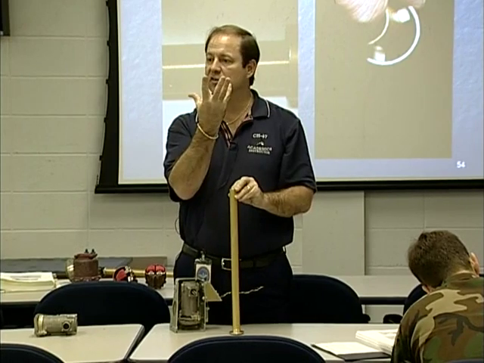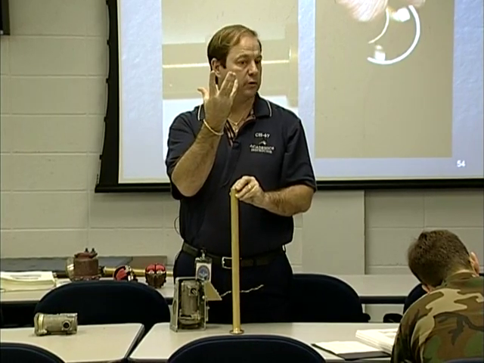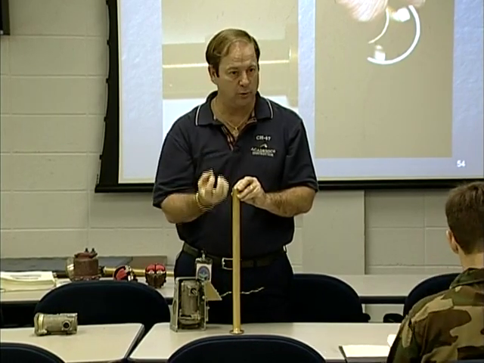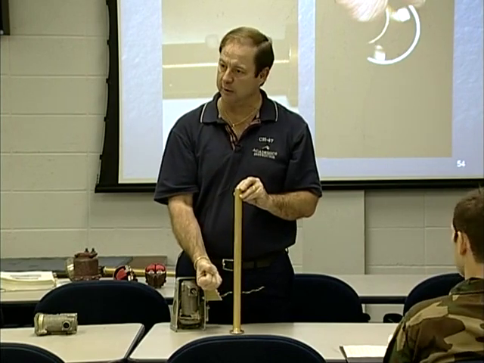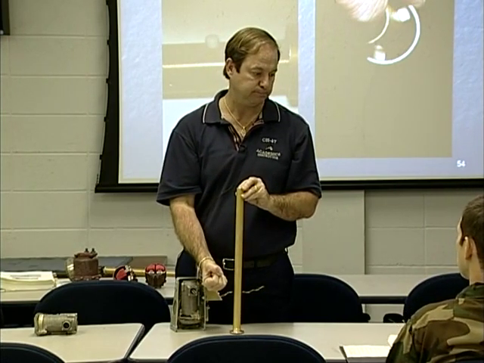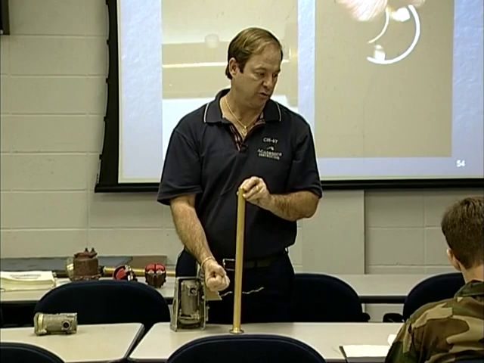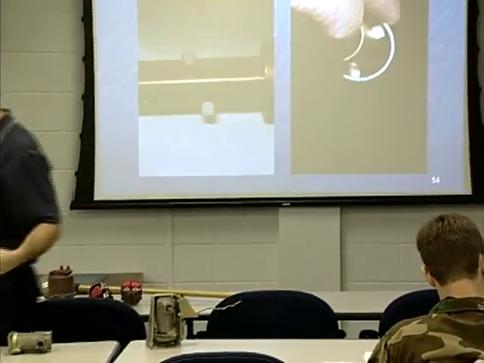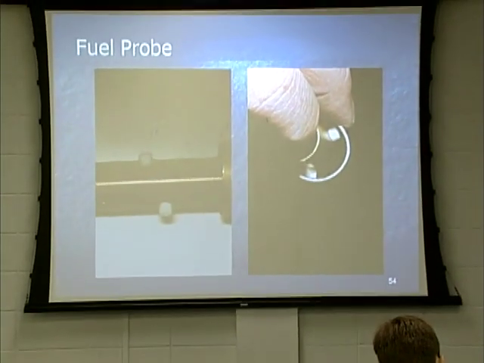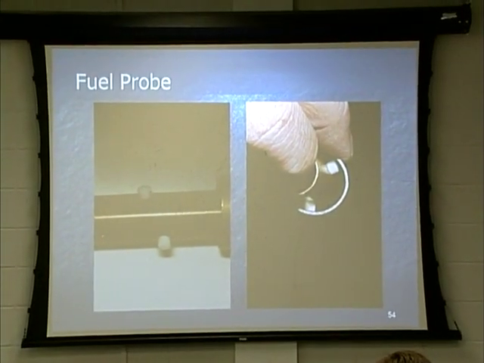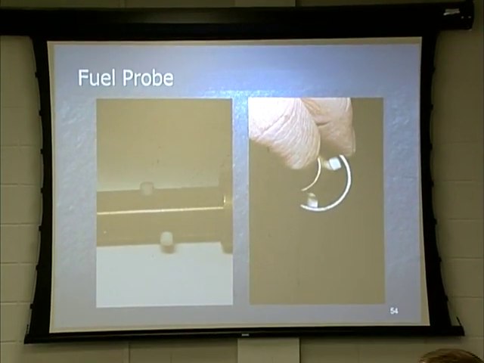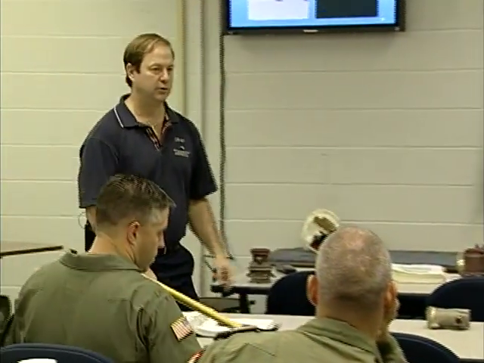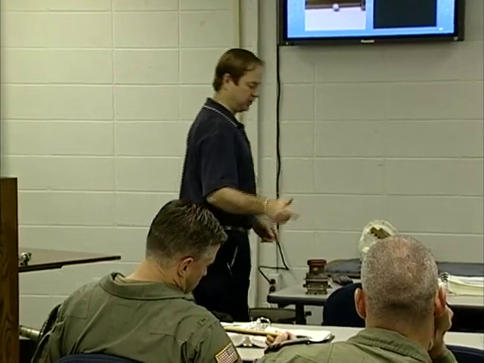The higher the resistance, the higher the amount of fuel. The lower the resistance, the lower the amount of fuel that's in those tanks. Any questions about that? And we're going to pass these around. You can actually see the rubber standoffs. Be careful, because the tube will come out either direction. And I'd hate to see you be the one on camera to let it fall and hit the floor.